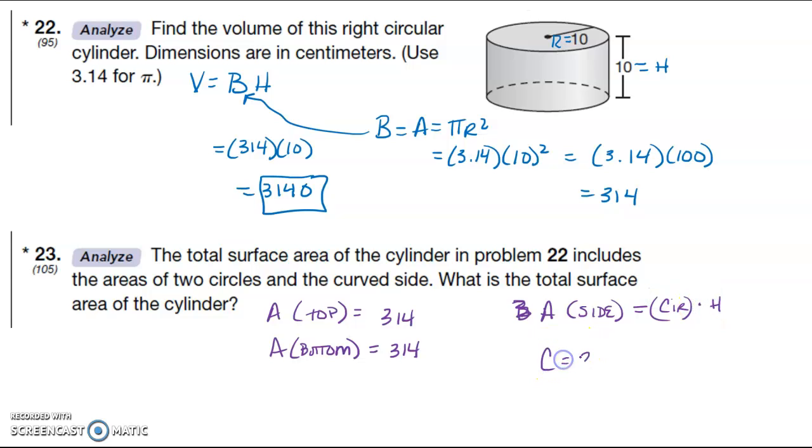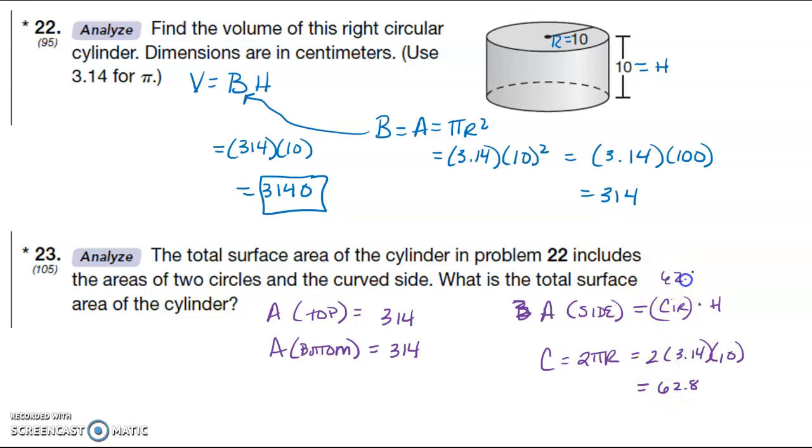So let's see, circumference is going to be 2 pi r, which is 2 times 3.14 times 10, and that's going to be 62.8.